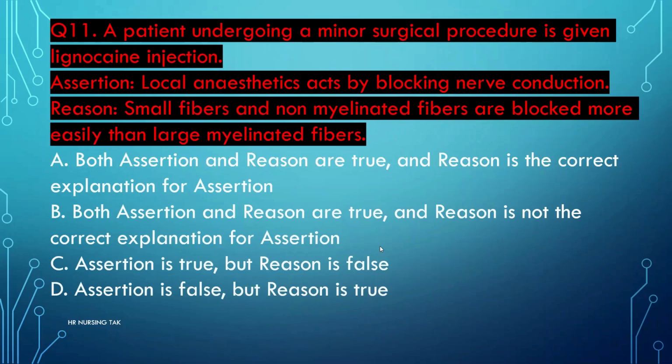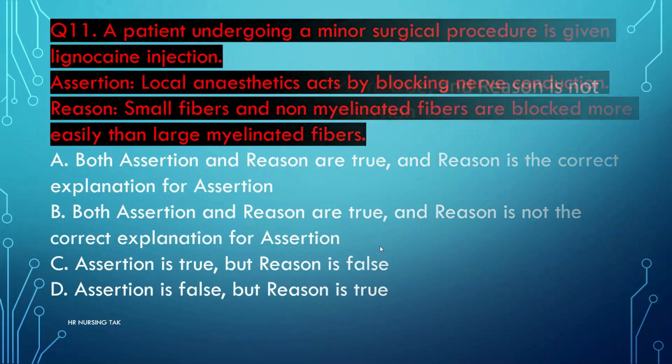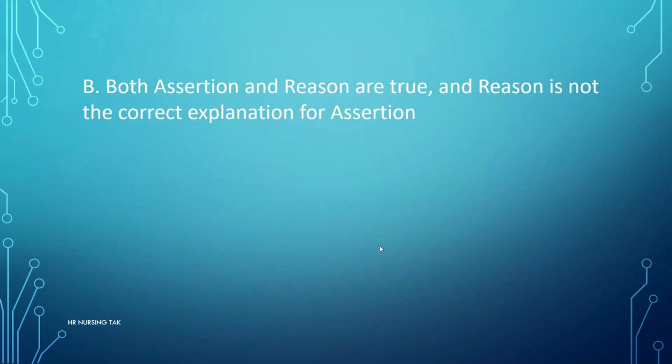B. Both assertion and reason are true, and reason is not the correct explanation for assertion. C. Assertion is true, but reason is false. D. Assertion is false, but reason is true. Correct answer is B.